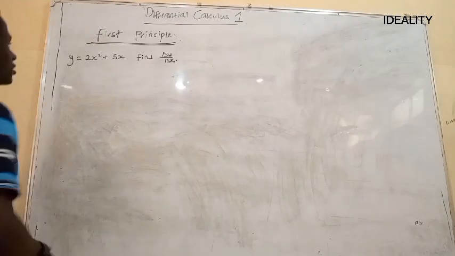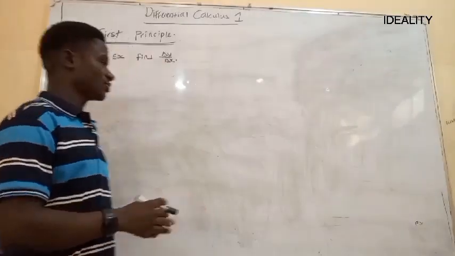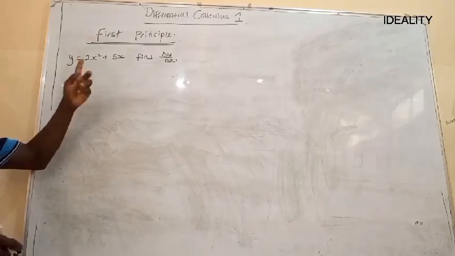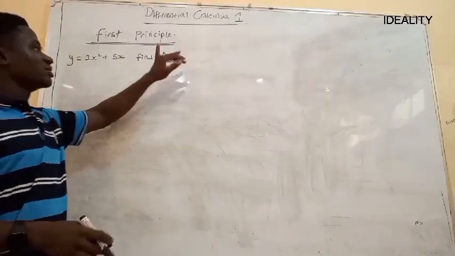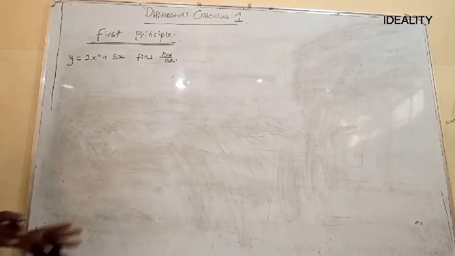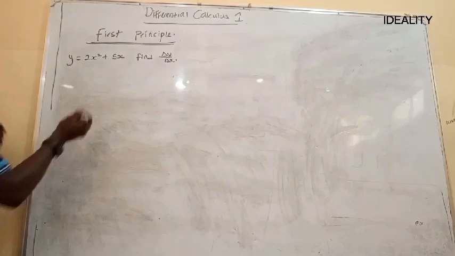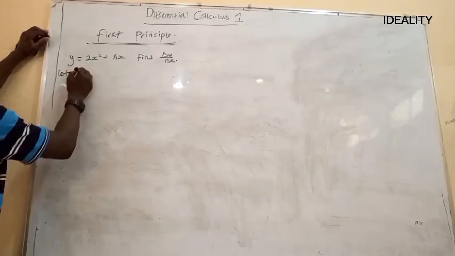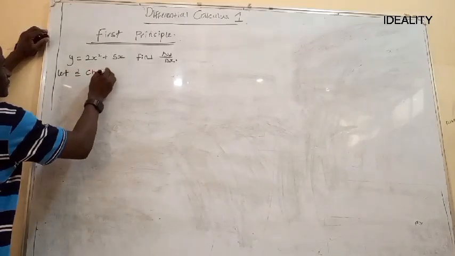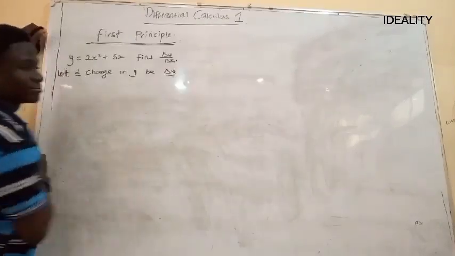Now, let's look at the last example for this particular video. We have y equals to 2x plus 5x, and we have to find theta y over theta x. How do we go about it? Same process, same procedure, nothing has changed. Let the change in y be theta y, right?